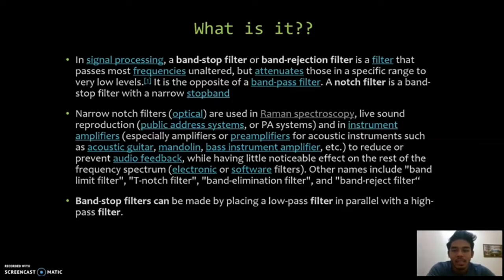Second point, narrow notch filters are used in Raman spectroscopy, live sound reproduction, public address or PA system, and in instrument amplifier, especially amplifier or preamplifier for acoustic instruments such as acoustic guitar, mandolin, bass instrument amplifier, to reduce or prevent audio feedback while having little noticeable effect on the rest of the frequency spectrum, electronic or software filter.